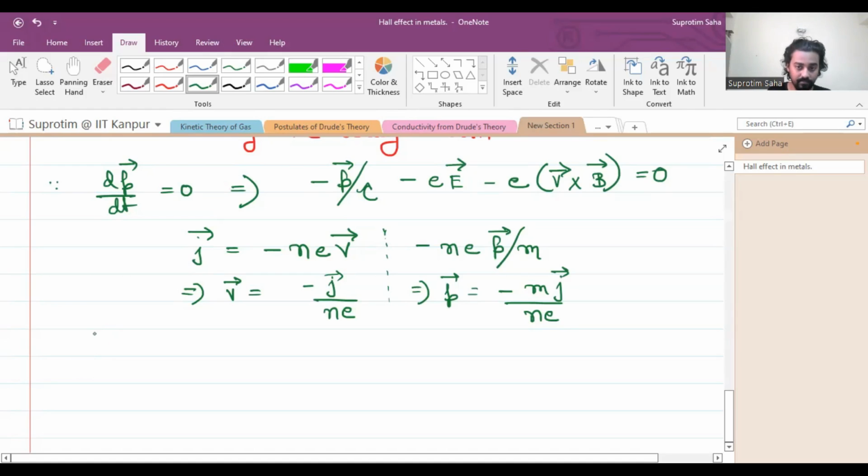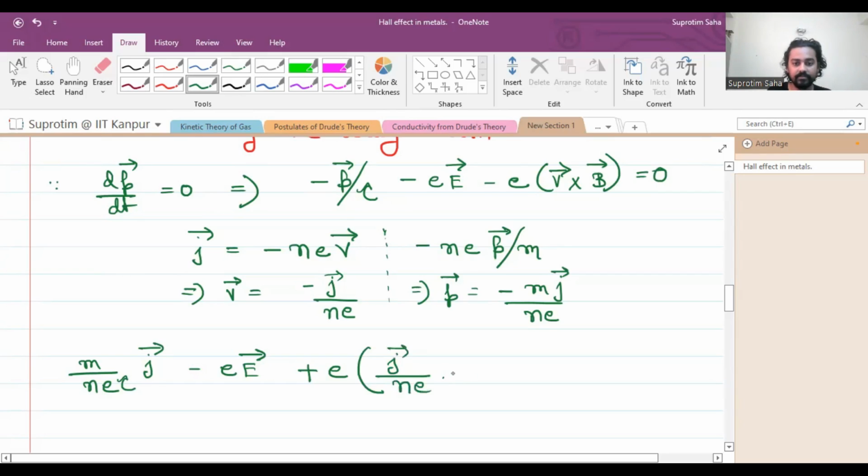the negative sign cancels out for P vector by tau. For the drag term, we get m by ne tau times J vector, minus e, the electronic charge, into E vector, minus e, which is also positive, J vector by ne times cross product of B vector, and this is 0.